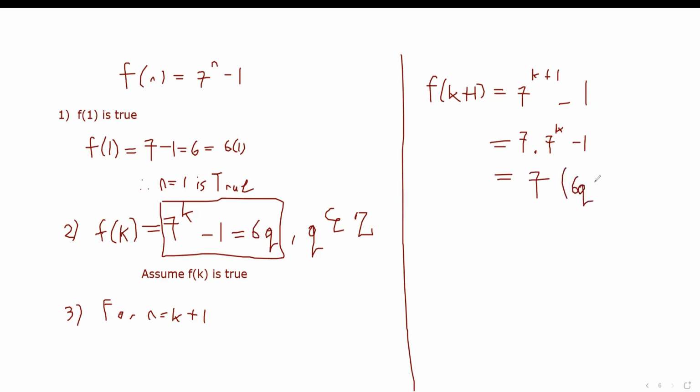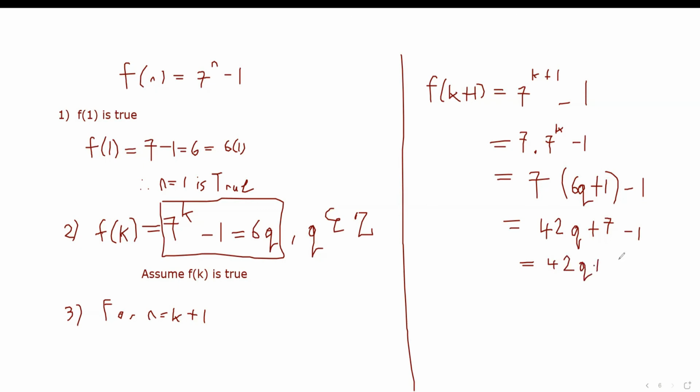Don't use my q, Marika, only I use the letter q. Use the letter m. M for Marika, all right, minus 1. So we expand and we get 42q, and then 7 times 1 is 7 minus 1. So we end up getting 42q plus 6.